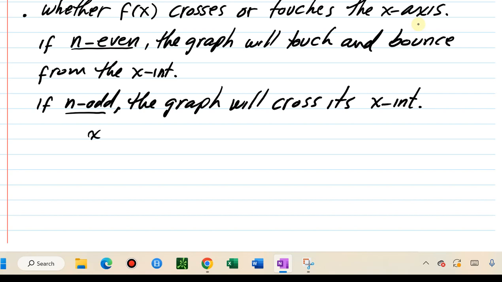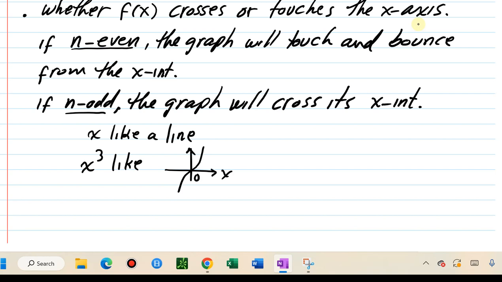If it's just x, it crosses like a line. If it's x cubed, then it wiggles a little bit. It flattens around 0. So it crosses like this. As we graph these, I'll point out through examples how it's going to do it. So there you have it.